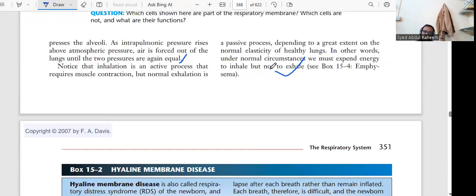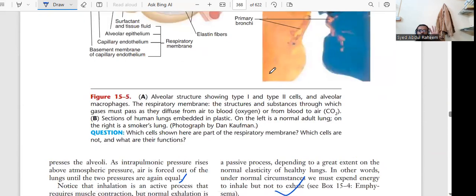Basically, I can give an example. If there is a wall and we are hitting on the wall, the wall is stronger, so that's the reason the wall is not going outside.